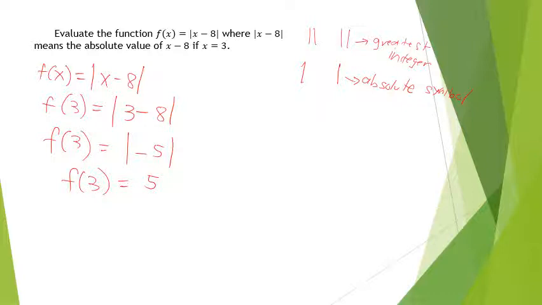Pag sinabi nating absolute value, lahat ng mga negative numbers magiging positive. Basta lahat ng nasa loob niyan magiging positive. For example, absolute ng 6, 6 din. Absolute ng negative 7, hindi siya negative 7, magiging 7. Basta lahat magiging positive pag nagsisimplify ka. So, ang f of 3 ay 5.